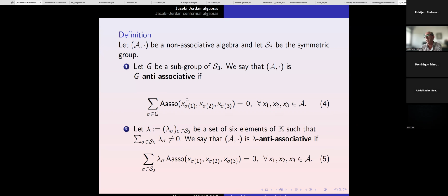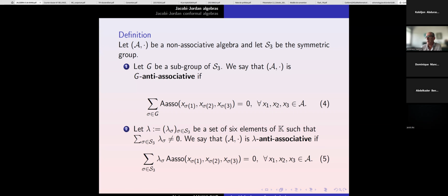We consider it here in the case of the anti-associator. And now we have something new: we define six scalars in K, which we denote by lambda sigma, where sigma is an element of S3.